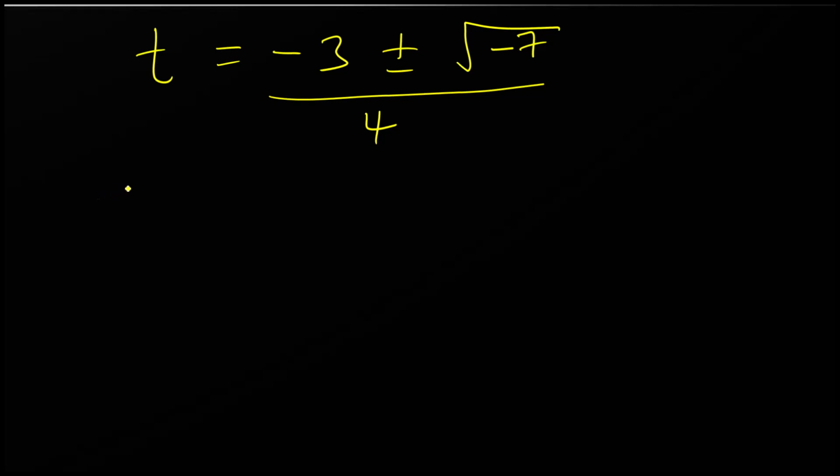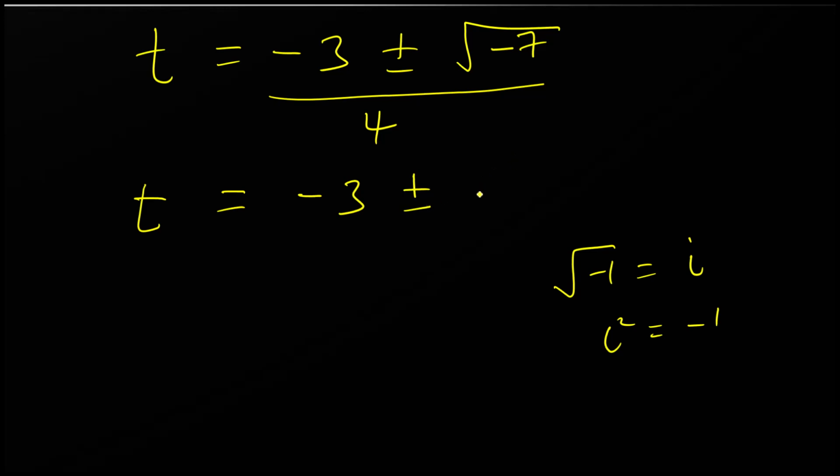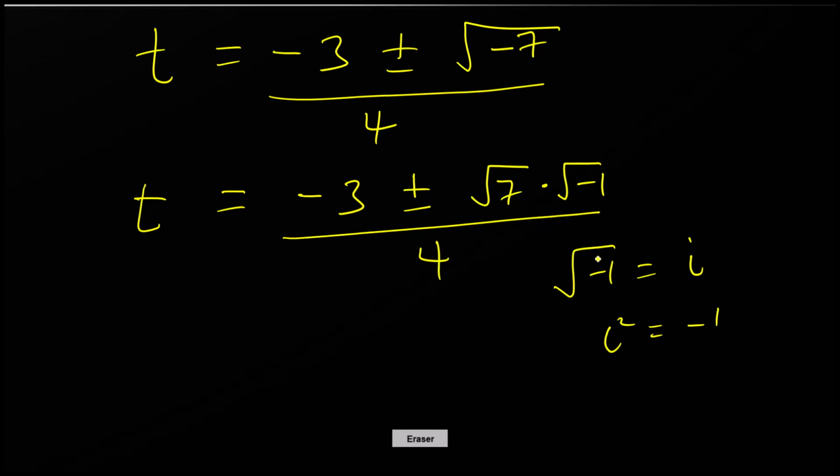Okay. So from here, since this one will take us to complex numbers, now the square root of minus 1 is i, and i squared is the same as minus 1. Alright, so from here you can say t equals minus 3 plus or minus the square root of 7 times the square root of minus 1 on 4.